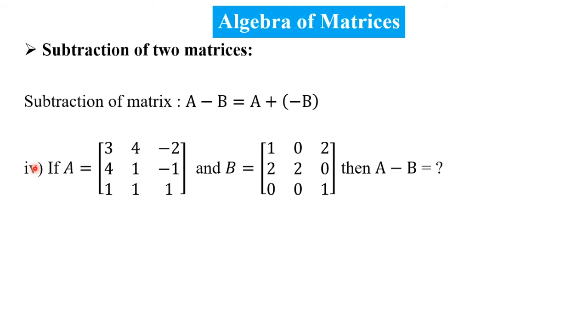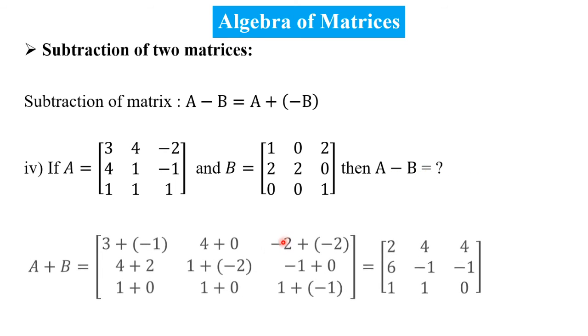Example number 4. A has order 3, that is 3, 4, minus 2, 4, 1, minus 1, 1, 1, 1, and B has order 3, 1, 0, 2, 2, 2, 0, and 0, 0, 1, then we have to find A minus B. Let us see the solution.